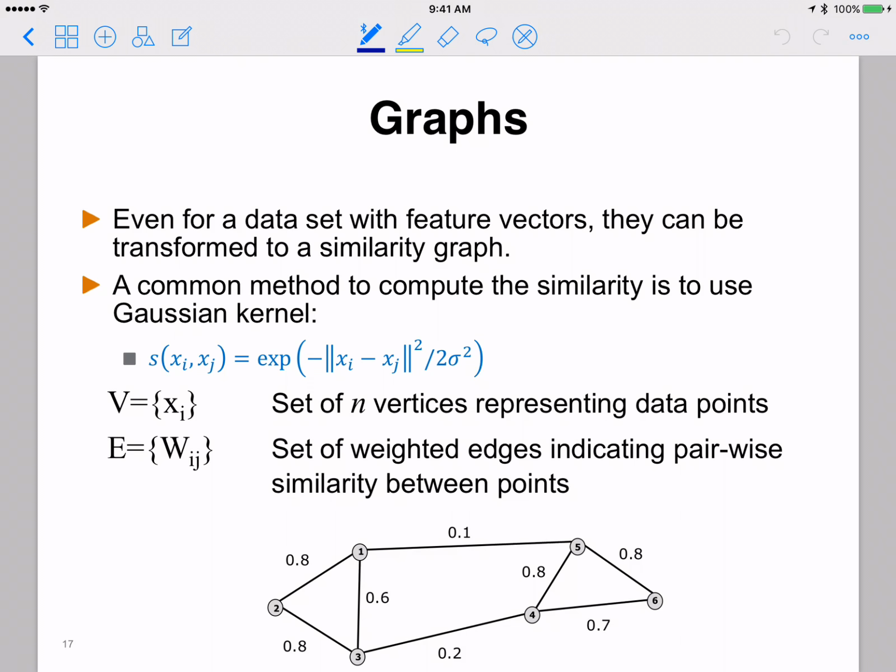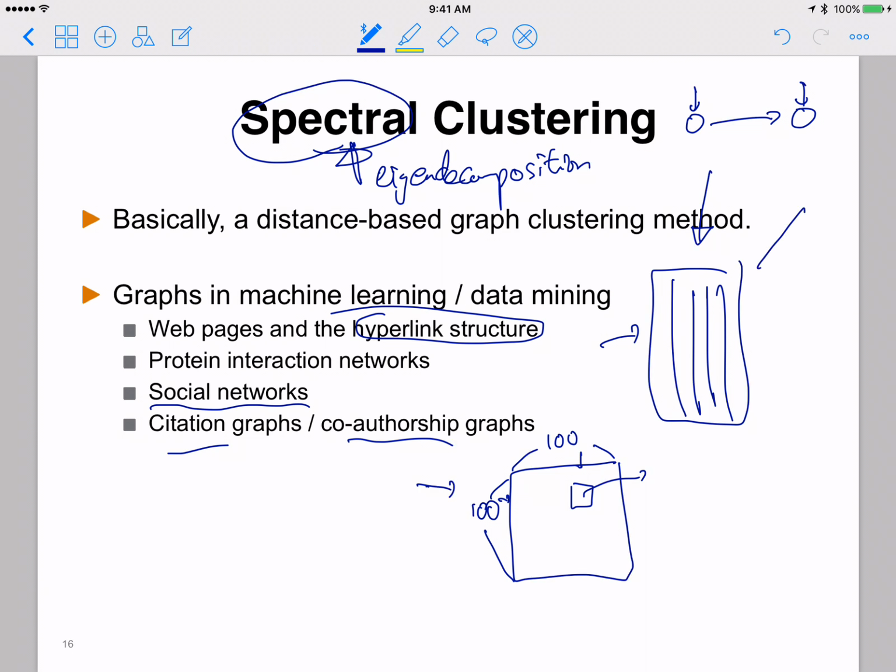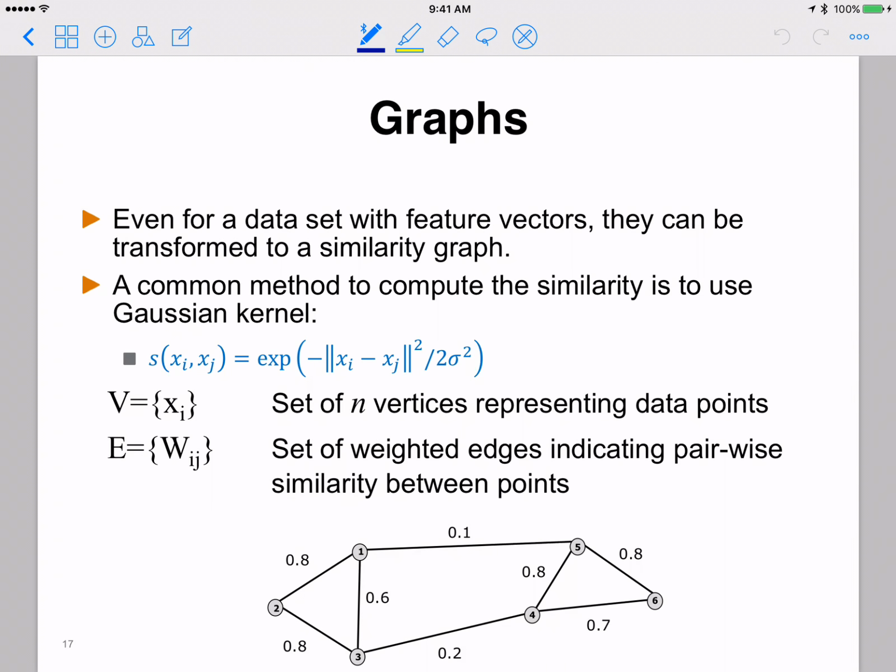Typically, if we originally have a feature vector representation, we can convert it into a similarity graph form of input. Similar to what we used in SNE or t-SNE, we can use a Gaussian kernel.